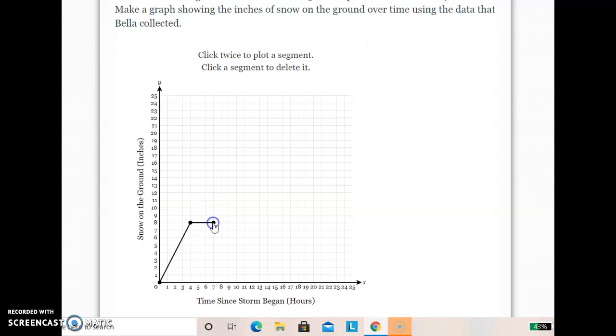So from here, I'm going to go up 3 inches for every hour, and I'm going to do this for 4 hours. So that's 1 hour. That's 2. That's 3 hours. That's 4 hours. And I can just double check, did I go over 4 hours? I was at 11 and I started at 7, so that was a 4-hour change.